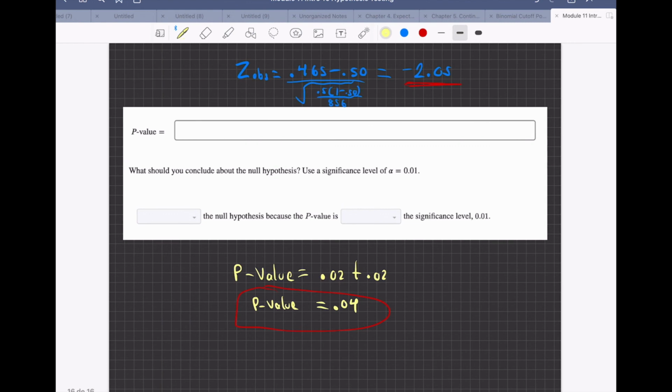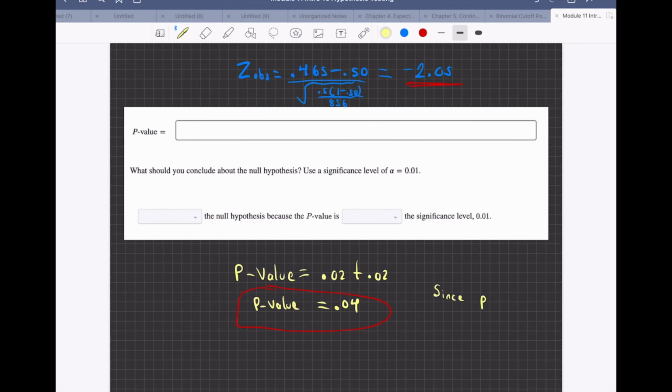Since the p-value is not less than the level of significance. Is that okay? The p-value is greater, so we do not reject. It is not less than 0.01, we don't reject H null.